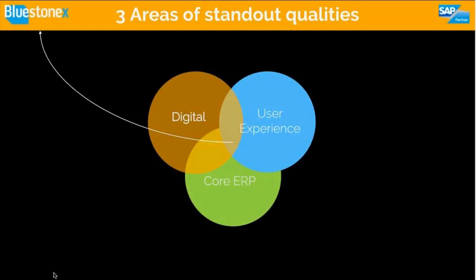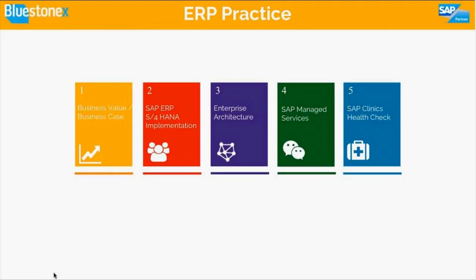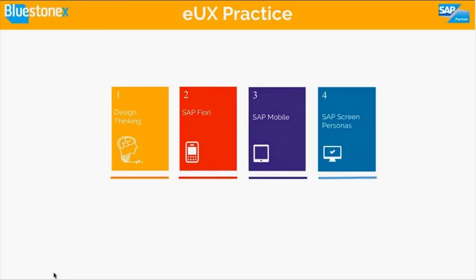We focus on digital, user experience and core. What we're talking about are these three areas brought into one software solution. These are what you'd probably expect from an SAP partner anyway. We deal in core ERP, and we have an enterprise user experience practice, so we deal with different technologies like screen personas and SAP Fiori.